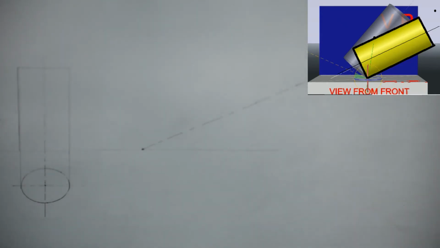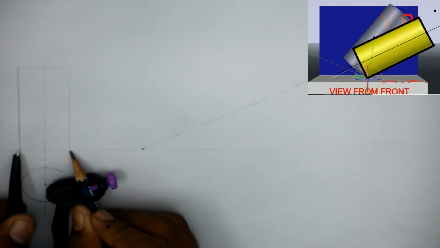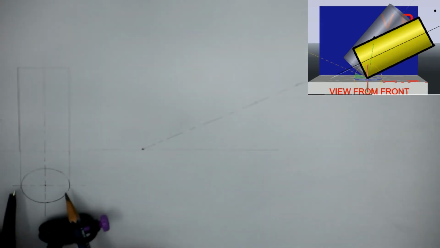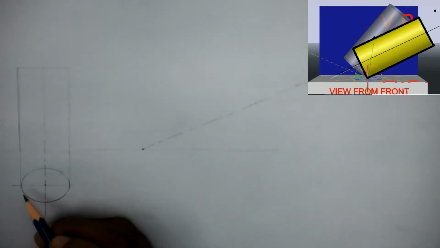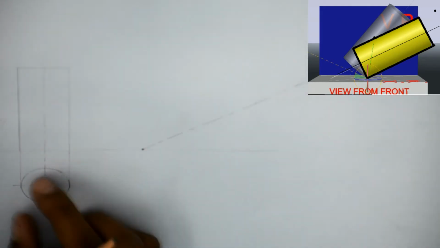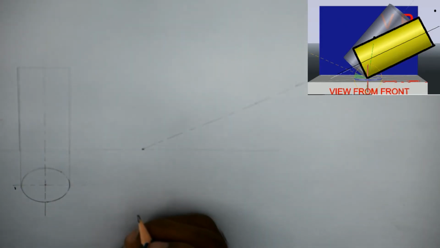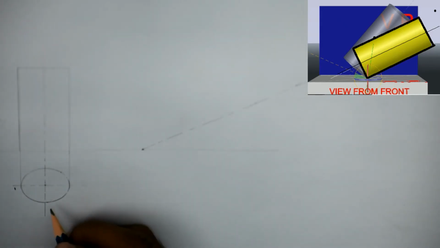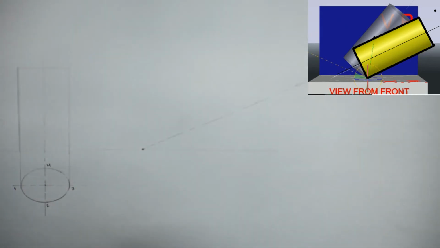So first here you need to observe and calculate this. This is going to be 30 mm because this circular diameter is 30 mm. That is obvious. Or else what we can do is make some points here and project these points in this diagram. So I am going to mark 1, 2, 3, 4.